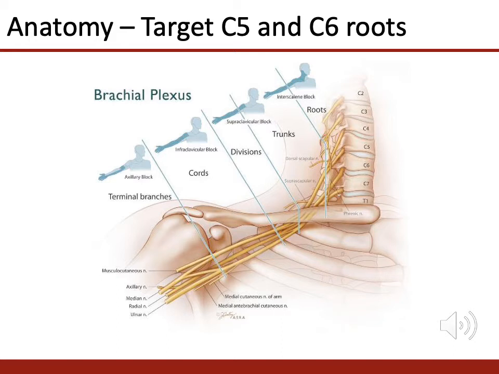And it's important to do it high up as the nerves that supply the shoulder, and especially the cutaneous supply to the shoulder, come up very proximally in the brachial plexus.